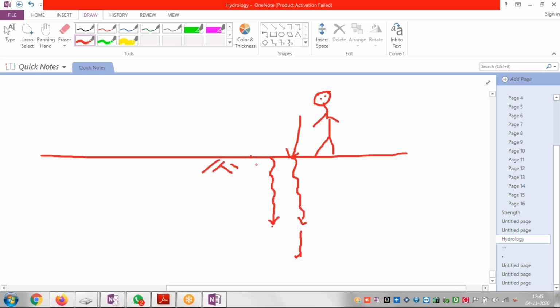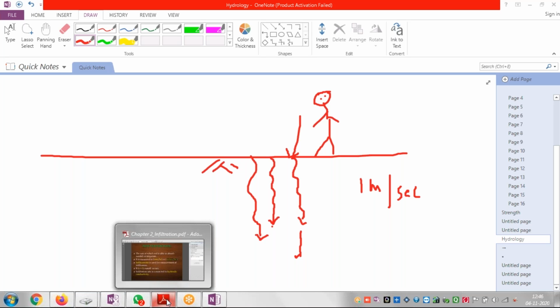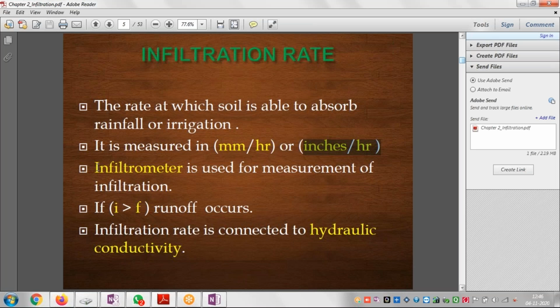Is my point okay? We cannot see with our eyes, then how will we find that water has traveled, say, 1 meter below the soil surface? We cannot see below the surface of the earth, then how will we find it? For finding that, we have some instruments. That instrument is called an infiltrometer. You can use this instrument to measure the infiltration.